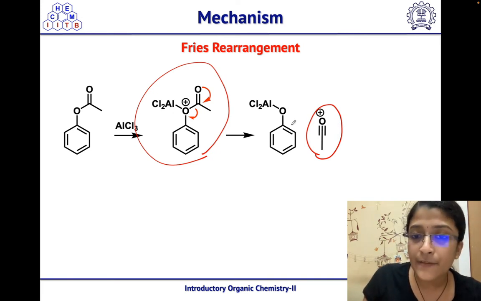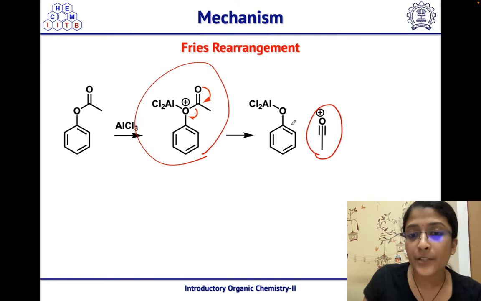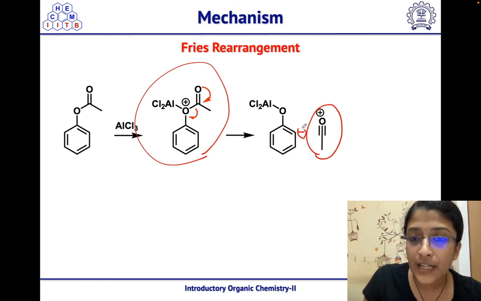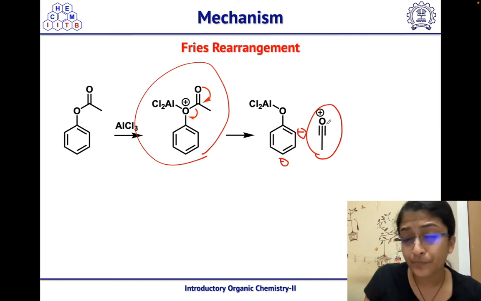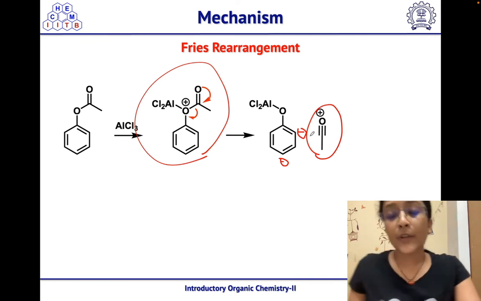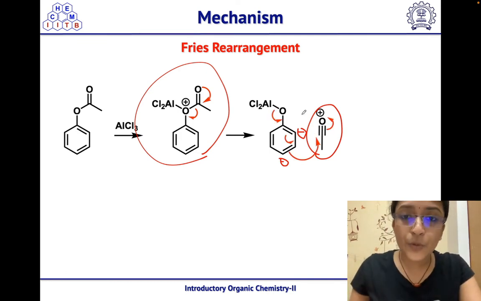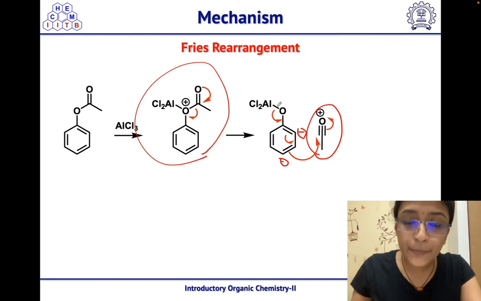As we have seen in electrophilic aromatic substitution reactions, the ortho position and para position will have partial negative charges. It can attack the acylium carbocation, as we have shown in the arrow pushing mechanism here.